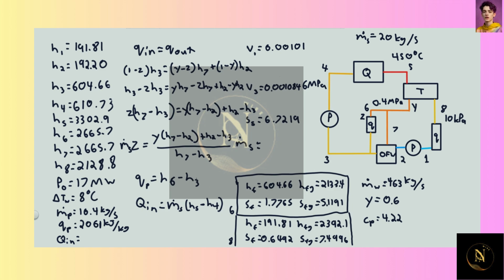We have our mass flow rate, we have our H5, we have our H4, so our Qin is going to be 53843, or rounding for this problem, 53.8 megawatts.